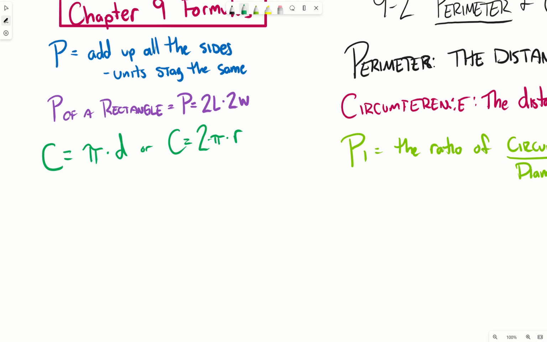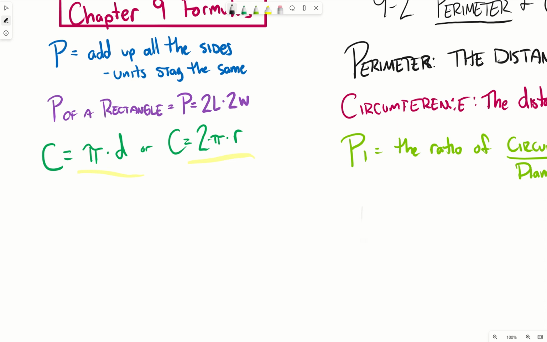Okay? So if we know diameter, we're going to use our diameter formula. If we know radius, we're going to use our radius formula. The only difference is one of them you times by 2 because it takes 2 radii to make a diameter. Okay, so that's the reason why we're going to multiply by 2 if we need to.